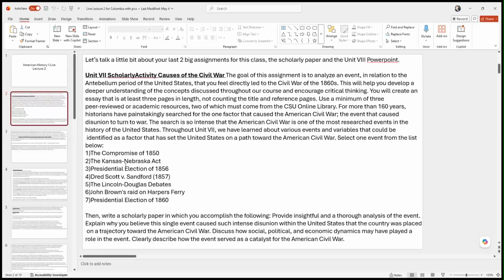Then you pick one of these events, and you analyze it. What I tell people is to pretend that you're writing this for somebody who doesn't know anything about it at all. So analyze the event and provide basic information about it. What was it? What happened? Talk about the different social, political, and economic issues tied to it, and talk about why you think that particular event was a big causative factor for the Civil War.